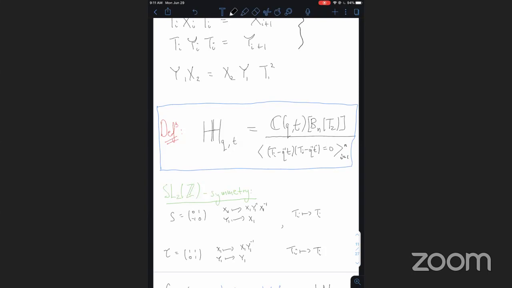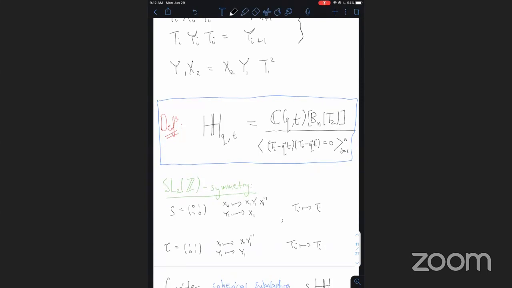And so that's the S generator of the modular group, and the T generator. Say this tau corresponds to Dehn twisting around the Y cycle, so it preserves the Y cycle and it sends the X cycle to X1 Y1 inverse, and again preserves the T sub i's.